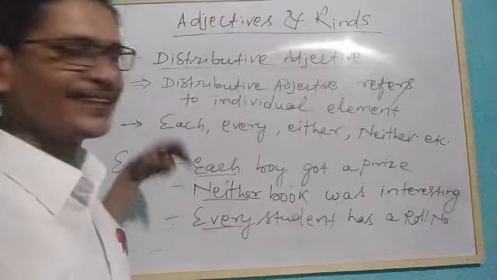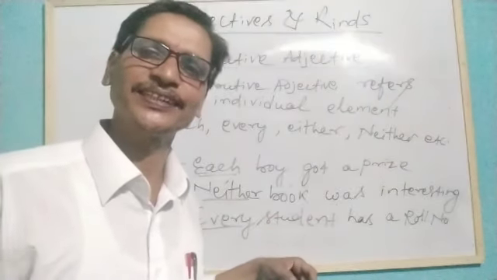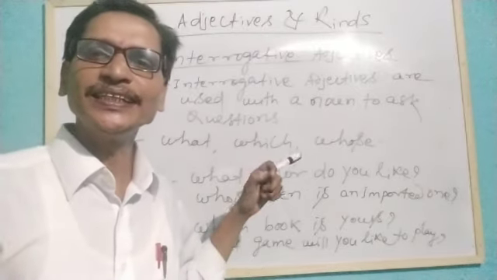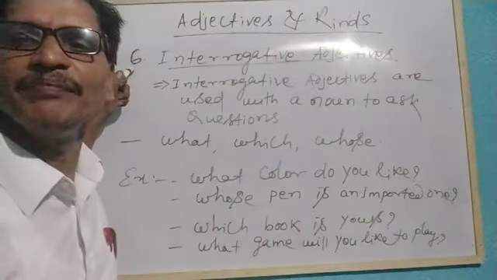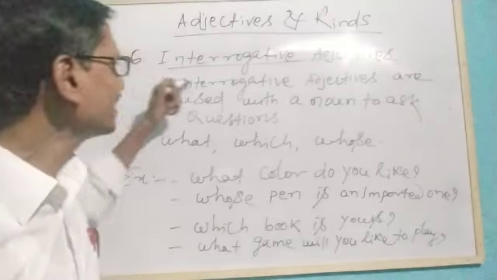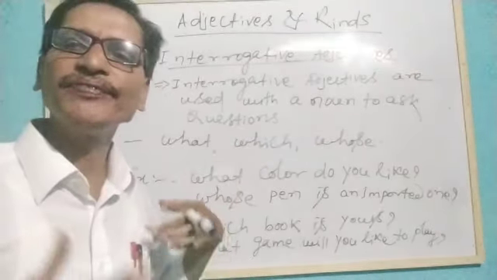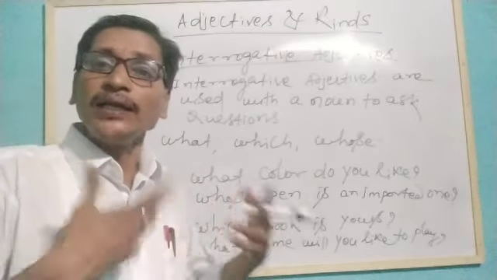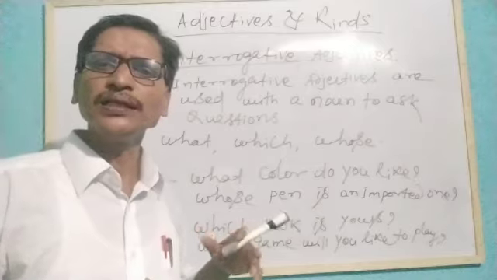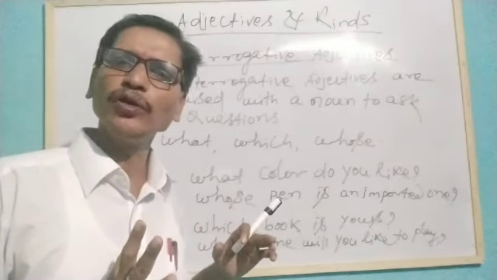Let's discuss the next type of adjectives. Here you see the sixth kind of adjective is interrogative adjective. Interrogative means it is derived from interrogation. The verb is interrogate, you know.